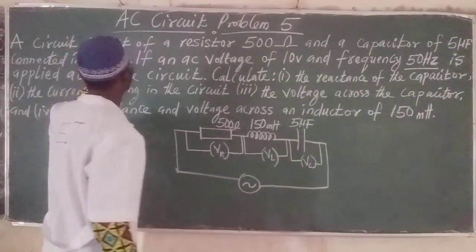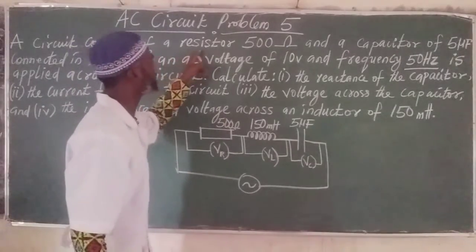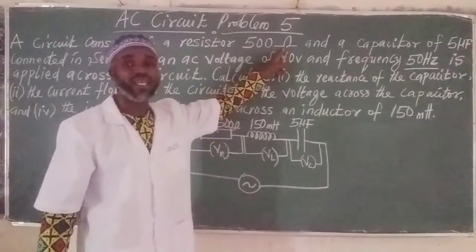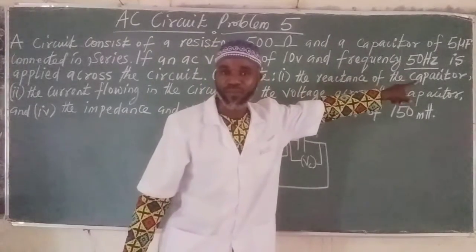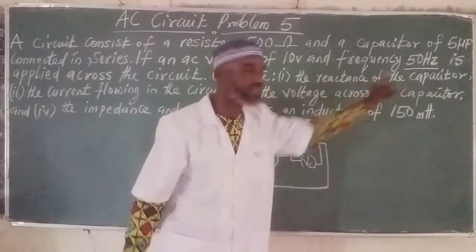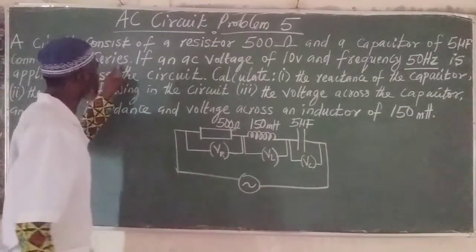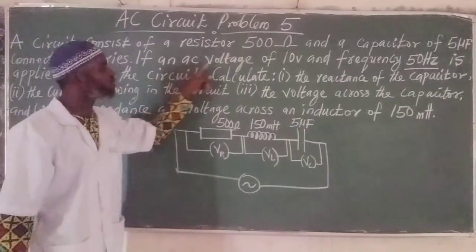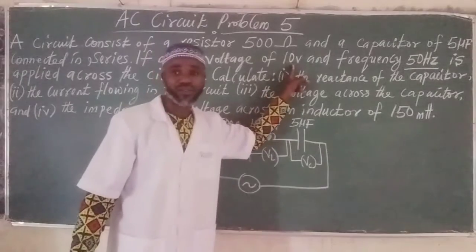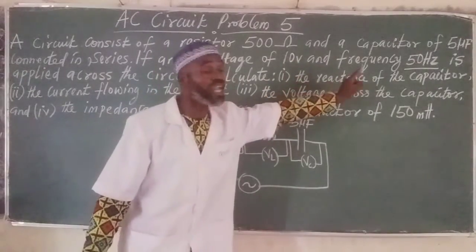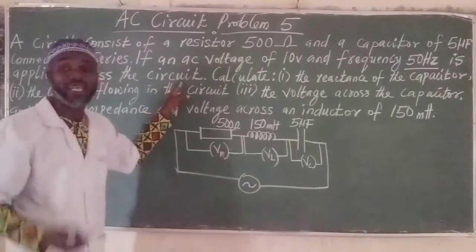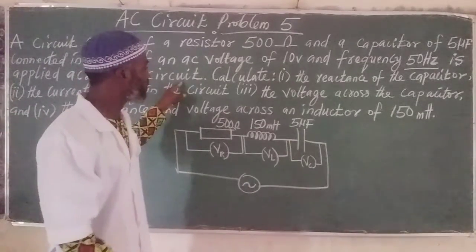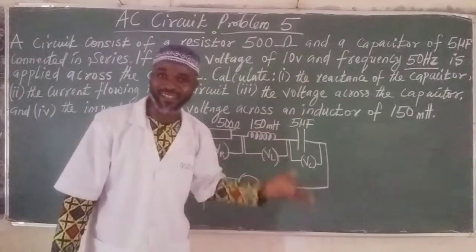A circuit consists of a resistor of 500 ohms and a capacitor of 5 microfarad connected in series. If an AC voltage of 10 volts and frequency 50 Hz is applied across the circuit, we are expected to calculate.